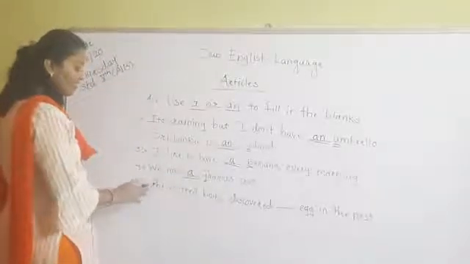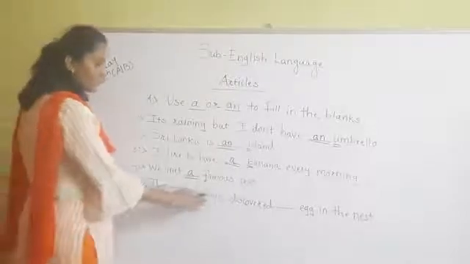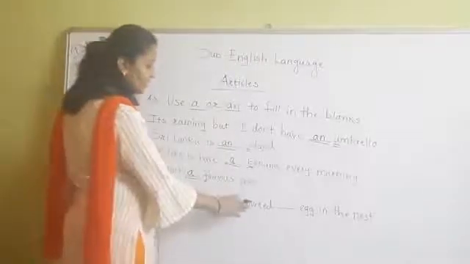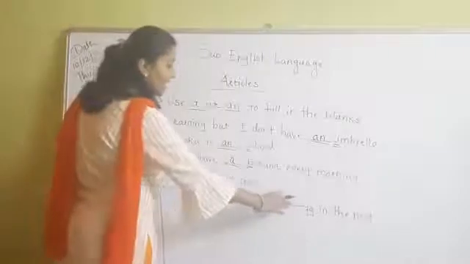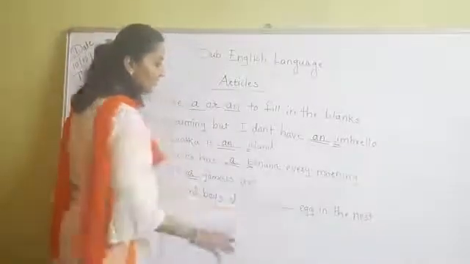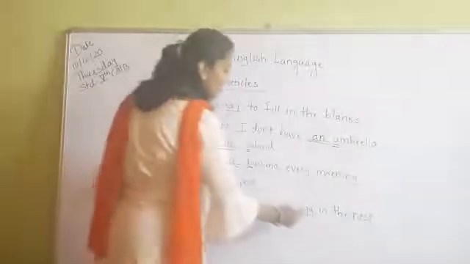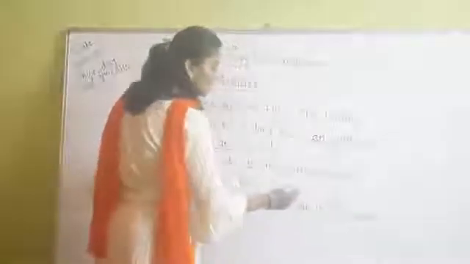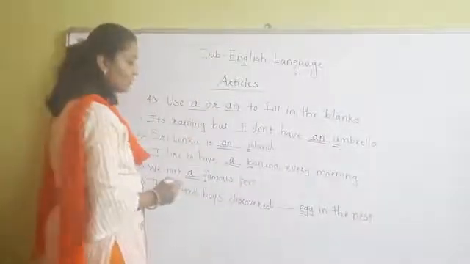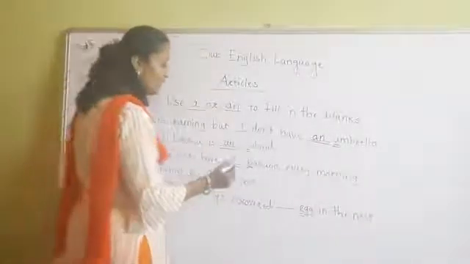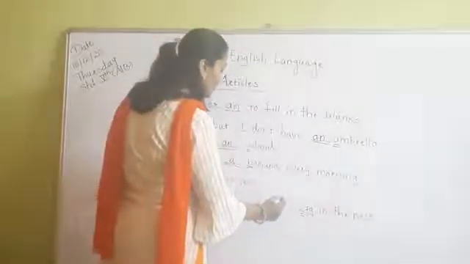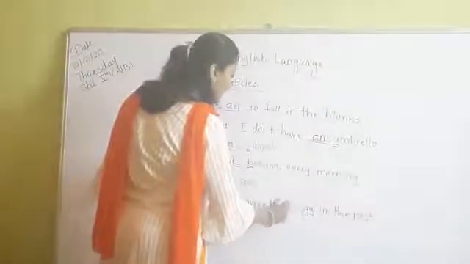Then the fifth one, the excited boys discovered dash dash egg in the nest. Now here also the spelling of egg starts with E sound, and that is a vowel. So you have to use here an egg.